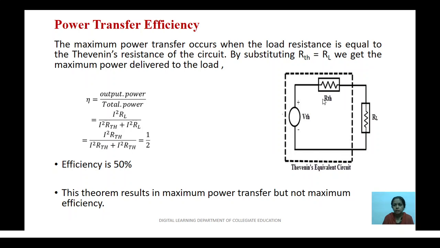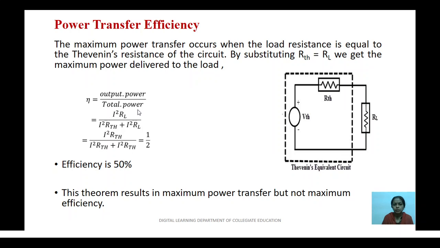So the efficiency of the equivalent circuit is equal to output power divided by total power delivered by the circuit. Efficiency is given by the output power delivered to the load divided by total power delivered by the source.